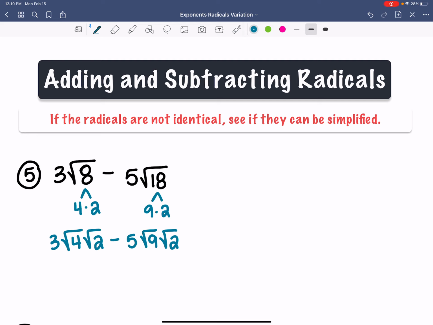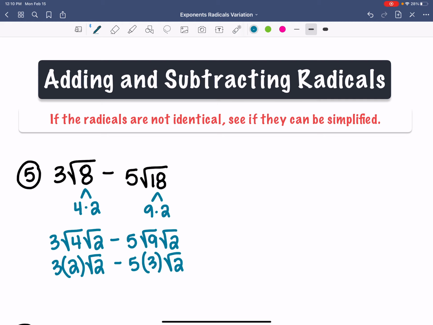Now we can simplify those perfect squares that we see. So this would give us 3 times 2 square root of 2, because the square root of 4 is equal to 2. Okay, then we would bring down the minus 5. The square root of 9 is 3, and then bring down the square root of 2.